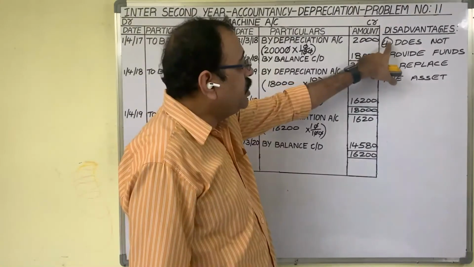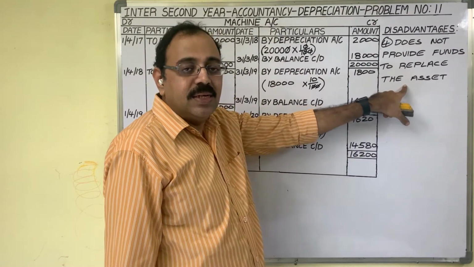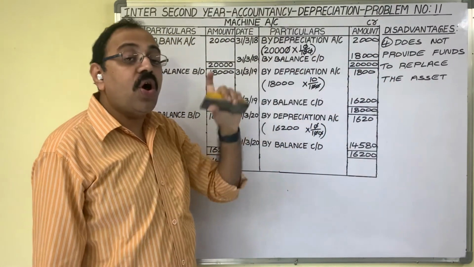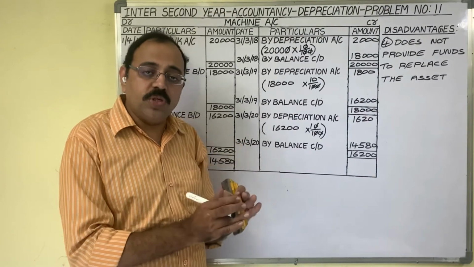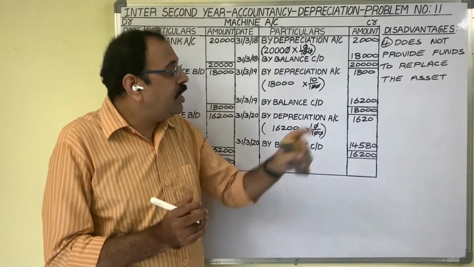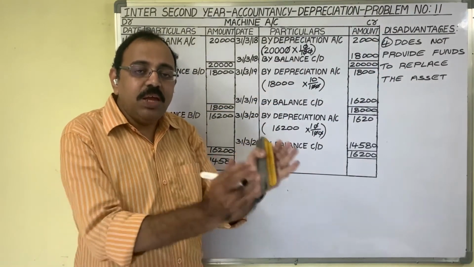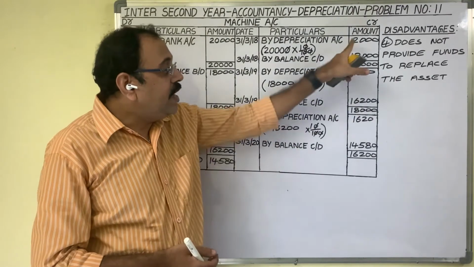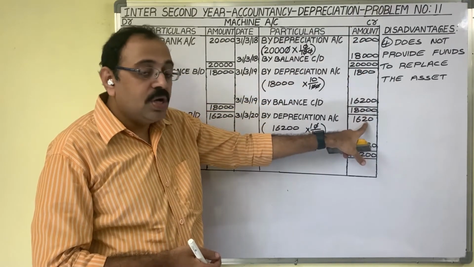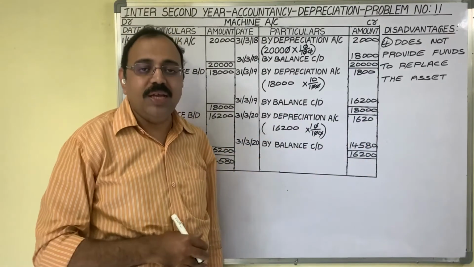The fourth disadvantage is that it doesn't provide funds to replace the asset. See, depreciation is a non-cash expenditure like salary, rent, postage. We need not pay these depreciation amounts to any outside person. We keep that amount aside in the firm only, but those depreciation amounts are not invested in any securities.